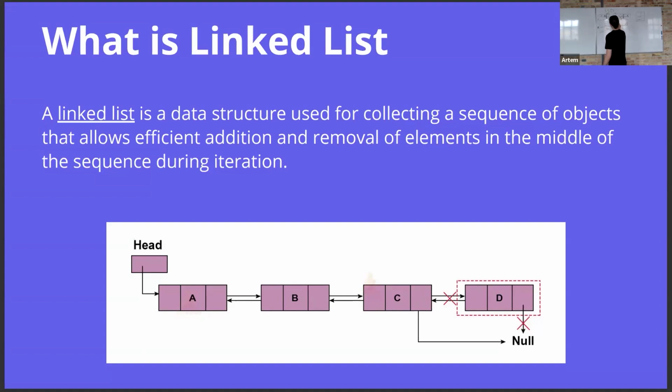We have element 7. The next field of the 7 node is looking at this element. We just say that now next will be equal to this object. So we removed this connection.